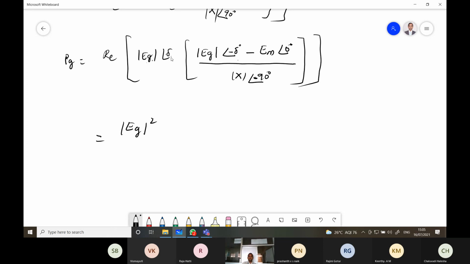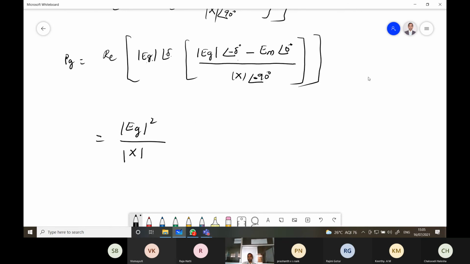Minus EG at an angle delta, and the remaining term, EG by magnitude of x, has a 90 degree angle.